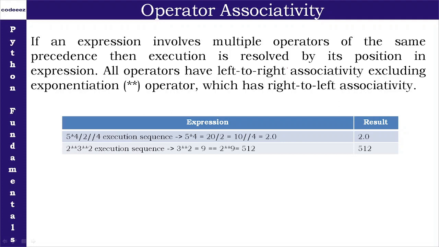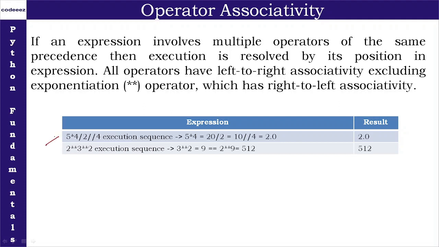Then the order of execution in normal cases is from left to right, that whatever operators we have in an expression will be calculated from left to right, if it is not an exponent operator, right? Excluding the exponent operator. If the exponent operator is also there in the expression, then the order of execution will be from right to left. See here the example in the table.